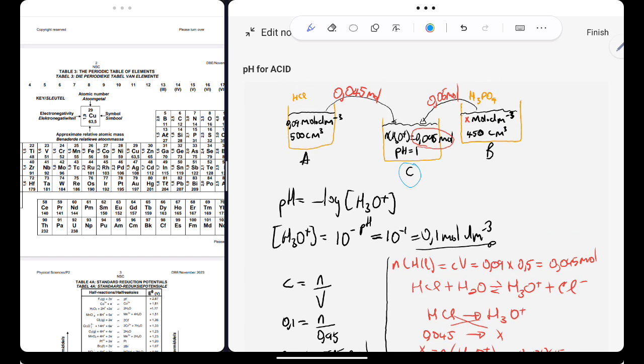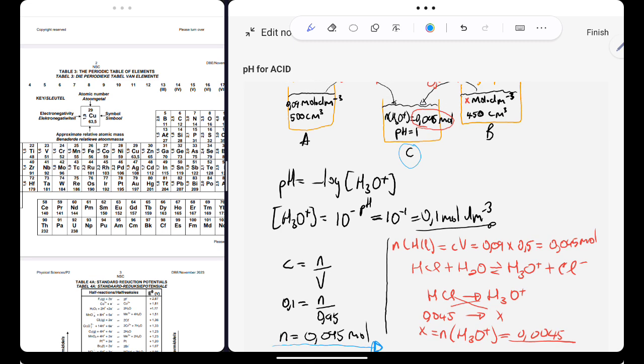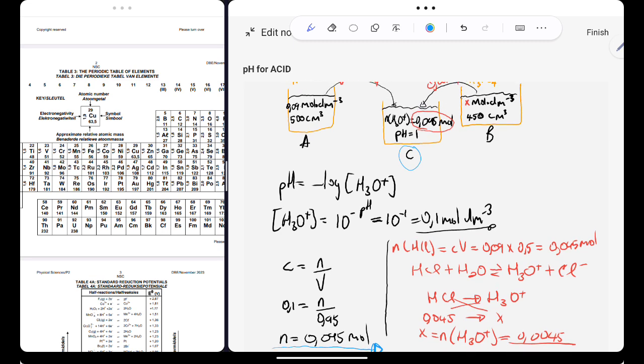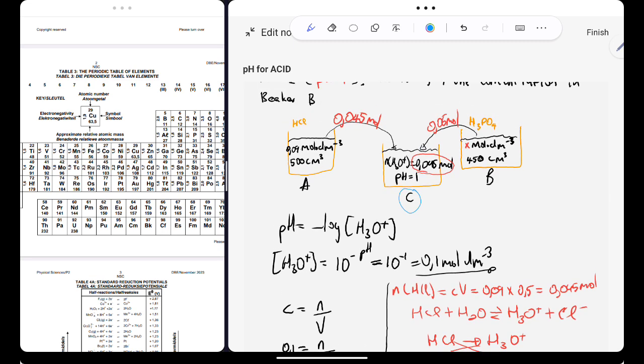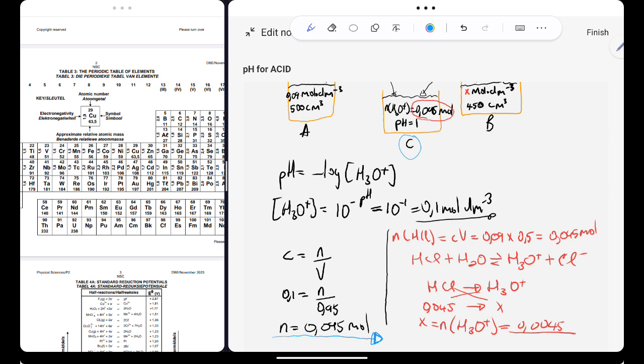And I found them to be equal to 0.095 moles. So the 0.095 moles is the sum of the number of hydronium ions which were contributed by both beaker A and B. I can find the number of moles which are contributed by beaker A. Remember that beaker A is a standard solution.